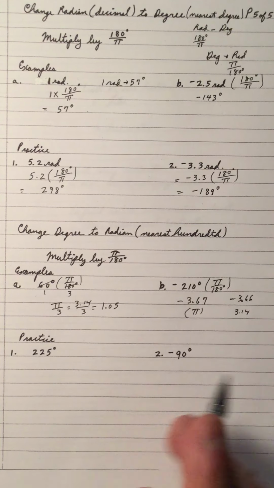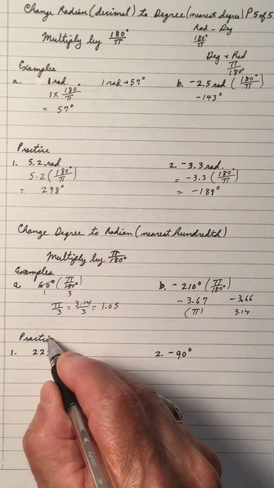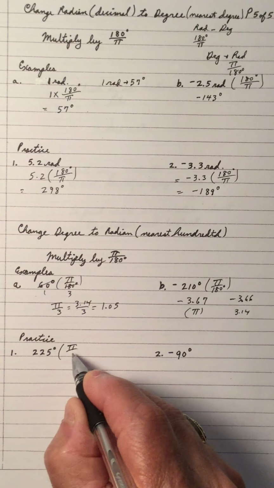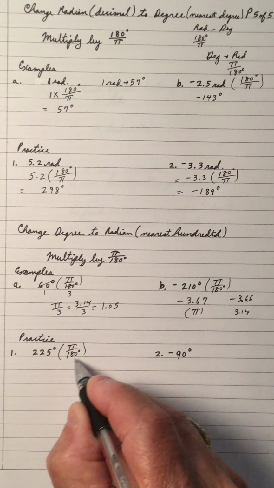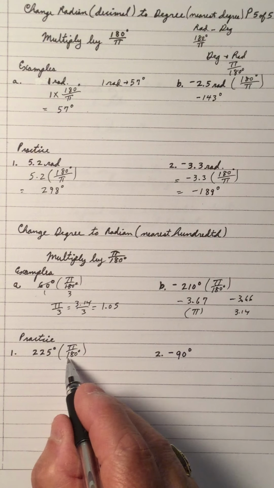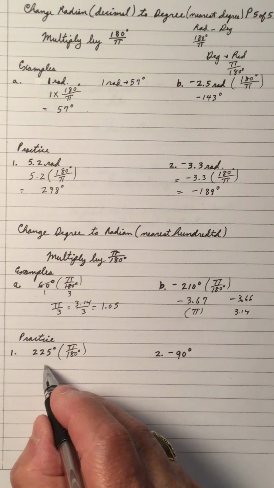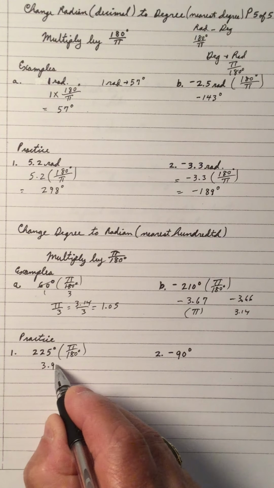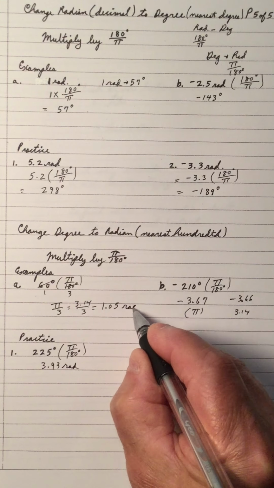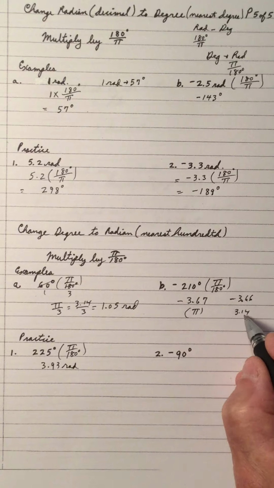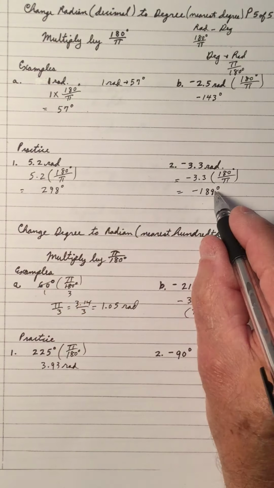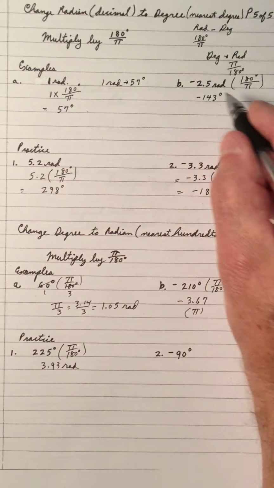Okay, practice means pause your video and work each of these out before I do. So this is multiplied by pi over 180, and 225 times pi divided by 180 gives you 3.93, and I'm going to write radians in here, because if I write the radians in here, then you know it's, see, these are degrees indicated by the degree signs on the top.